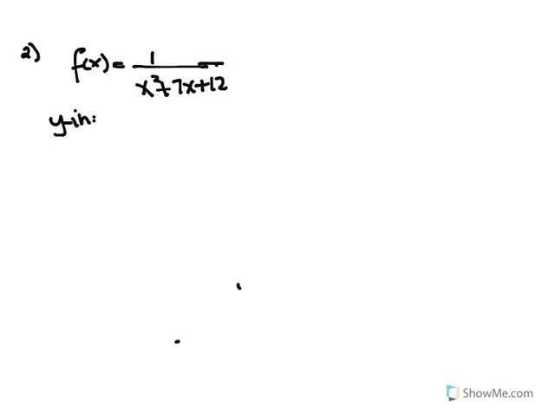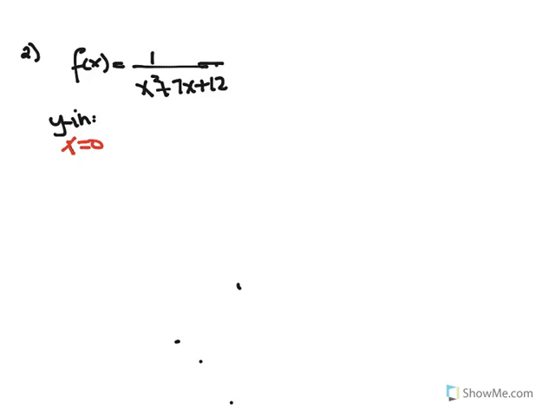Okay, let's do another example. So this is example number 2. We have f of x is equal to 1 divided by x squared plus 7x plus 12. If I want to find the y-intercept or vertical intercept, the first thing I'm going to do is make x equal 0.